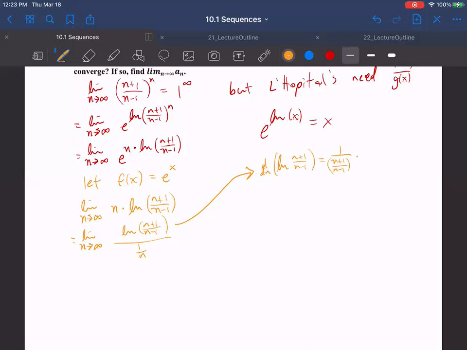So we do the derivative of what's on top, which is going to be just 1, times what's on the bottom, minus the derivative of what's on the bottom times what's on the top. And the derivative of what's on the bottom is 1, sorry, I saw that minus 1 and threw it out there.